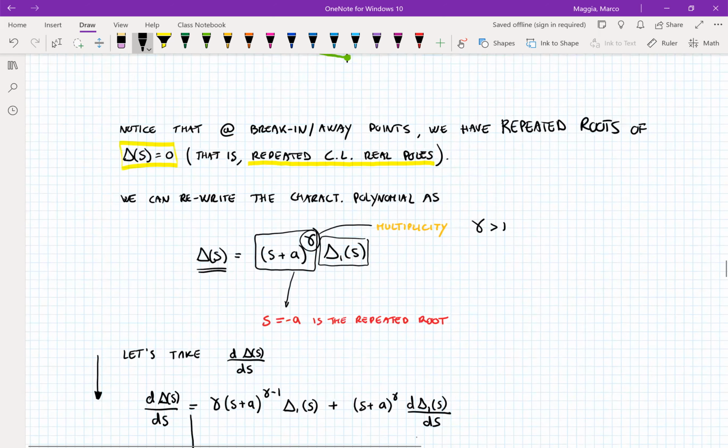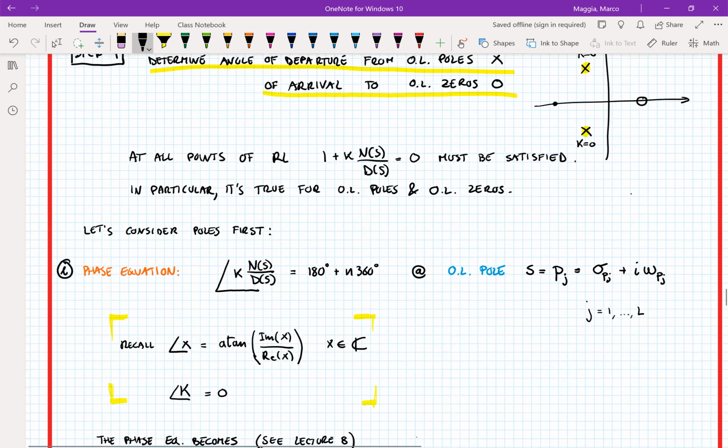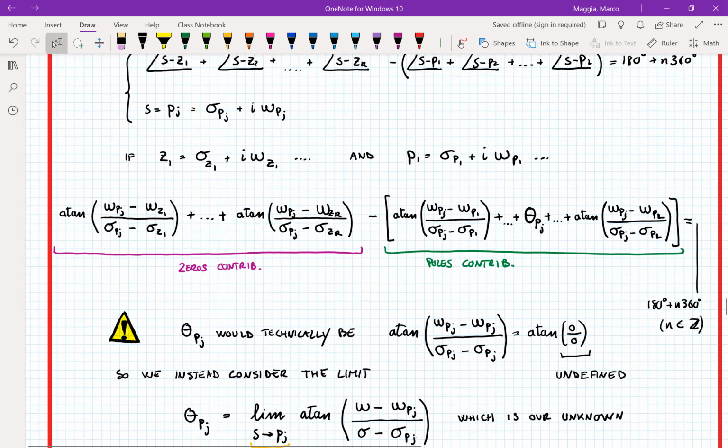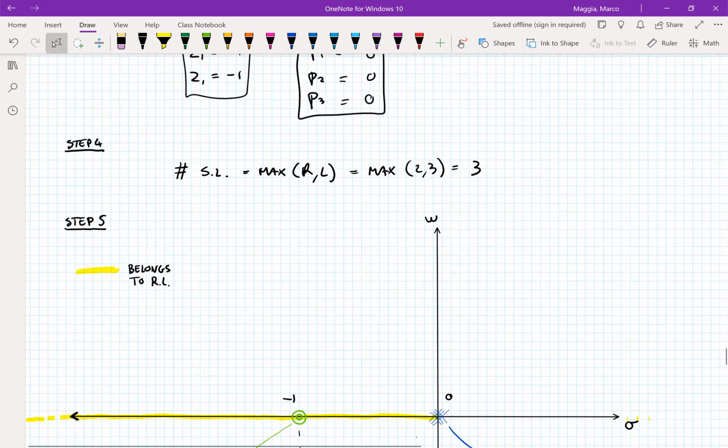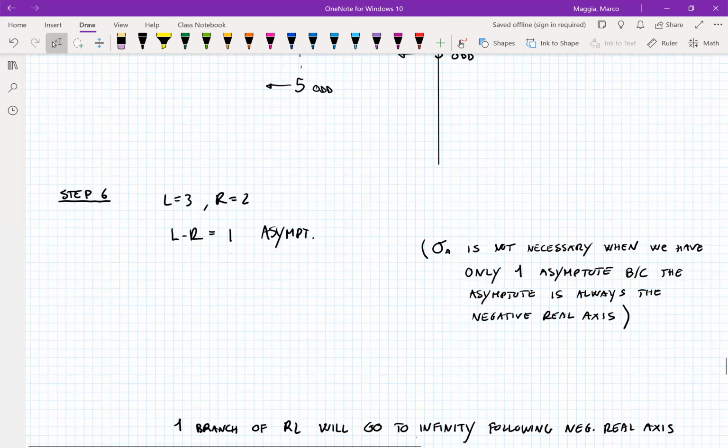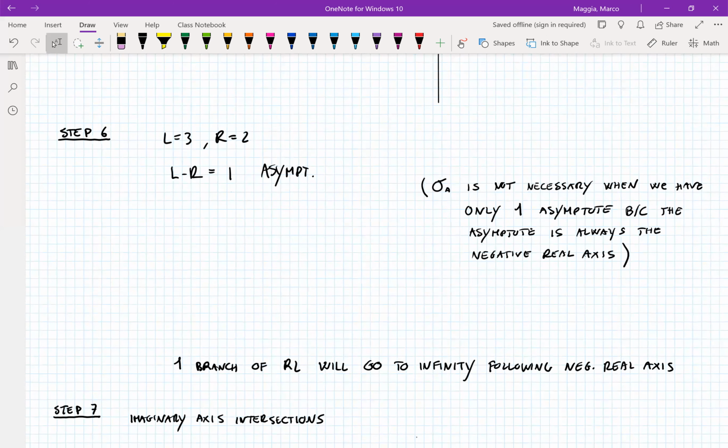In this case, the centroid is not really necessary to compute, but we're going to do it anyway, just for exercise. So where's the location of the asymptote centroid? We need to add all the poles. So we have 0 plus 0 plus 0 minus all the zeros added up.